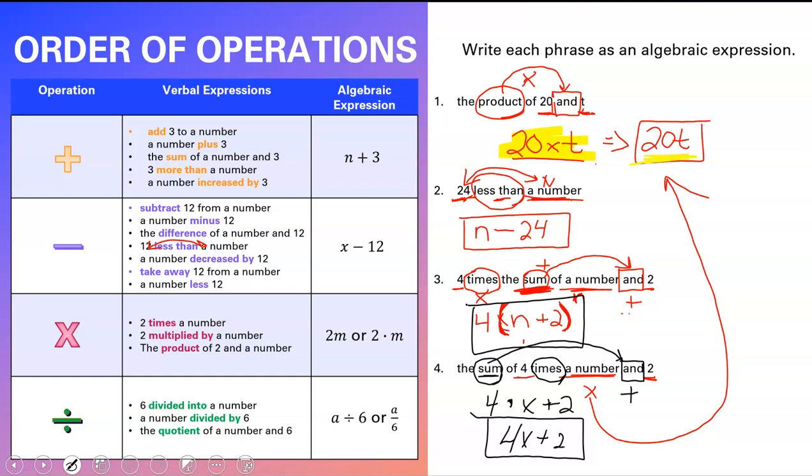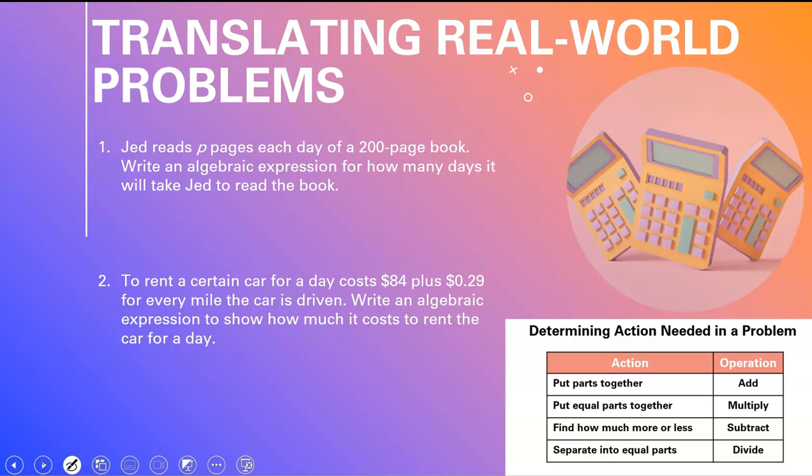Let's see how we could use this skill in word problems. Now, I highly recommend when you're doing a word problem, you might have to read it a couple of times. It depends on how difficult of a problem it is, but our goal, our objective is to determine what action is needed in that problem. Are we putting parts together, in which case they're adding?